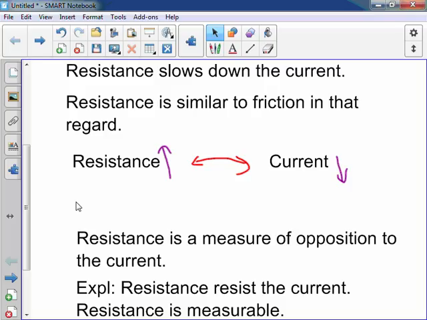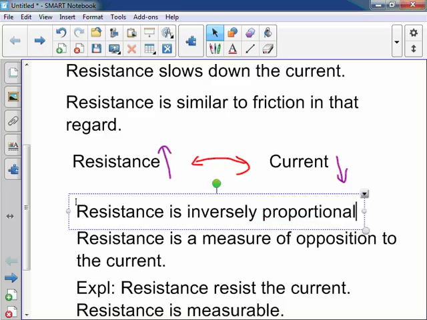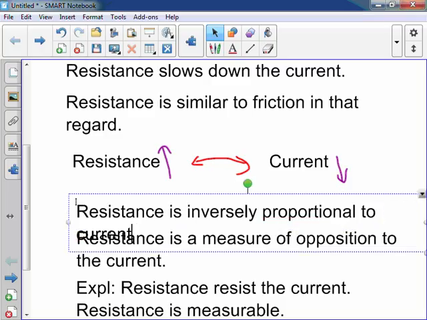So resistance is inversely proportional. Okay.